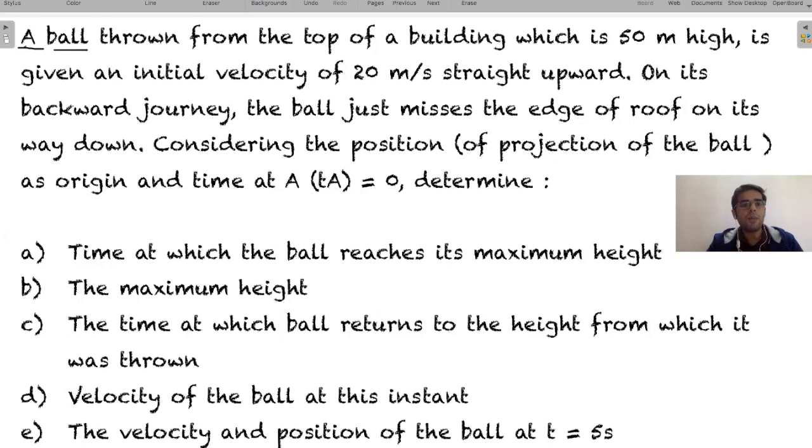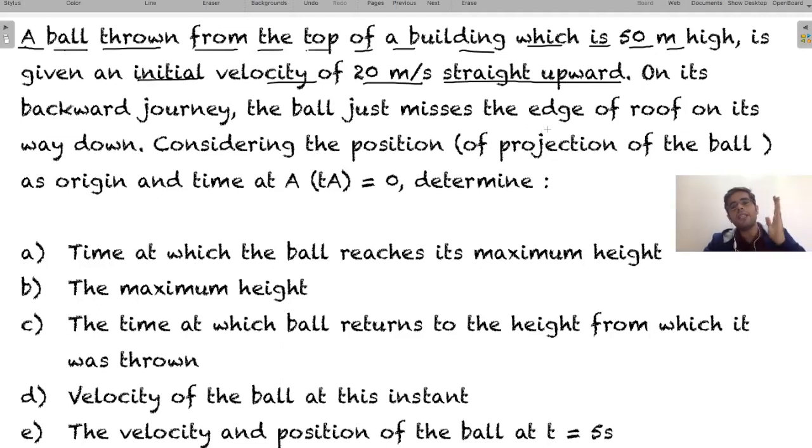Let me show you. A ball thrown from the top of a building which is 50-meter high. So what is given? The height of the building is 50 meters. It is given an initial velocity of 20 meters per second and it is thrown straight upwards. This is not a question on projectile motion. This is a simple question of a ball being thrown up. It is a kinematics 1D question. It is not a 2D question.